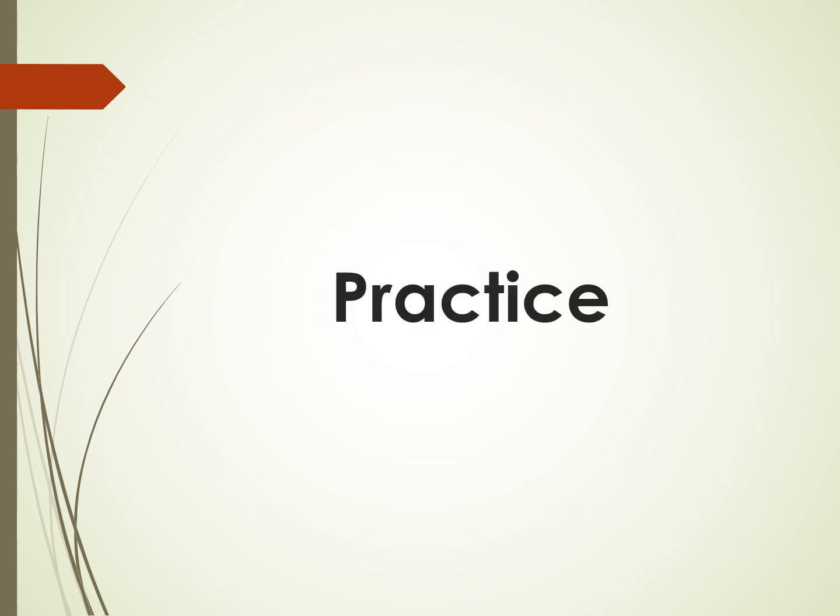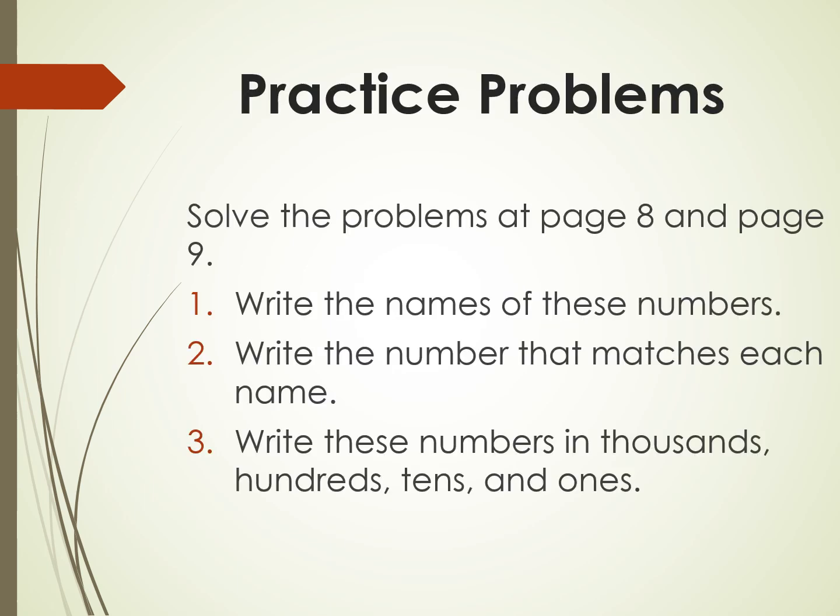Let's get you some practice of naming these numbers. In your book, turn to page number 8 and 9. On these pages, there are some questions for you to solve. The first question requires you to write the names of these numbers. The second one requires you to write the number that matches each name.